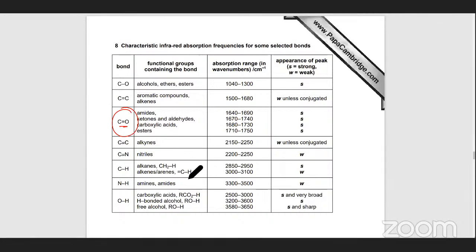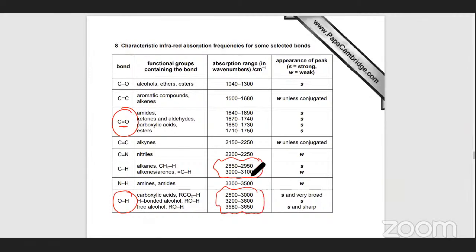And the other bond that's very easy to identify is the OH group. The OH has a broad absorption around the 3000 range. But this absorption also overlaps with other absorptions like the carbon and hydrogen bonds. They also absorb or vibrate at that frequency.